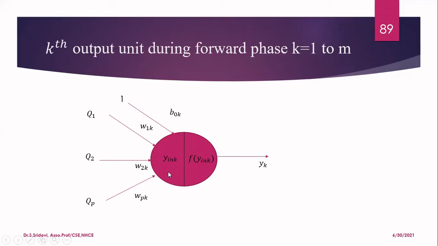During the forward phase, it is receiving the input from the previous hidden layer. Okay, so in the previous diagram, I have calculated the output of one hidden layer. Likewise, one hidden layer neuron. Likewise, it will receive input from so many neurons in the hidden layer. So I'm going to assume that those inputs are nothing but Q1, Q2, etc. up to QP because I have P neurons in the hidden layer.